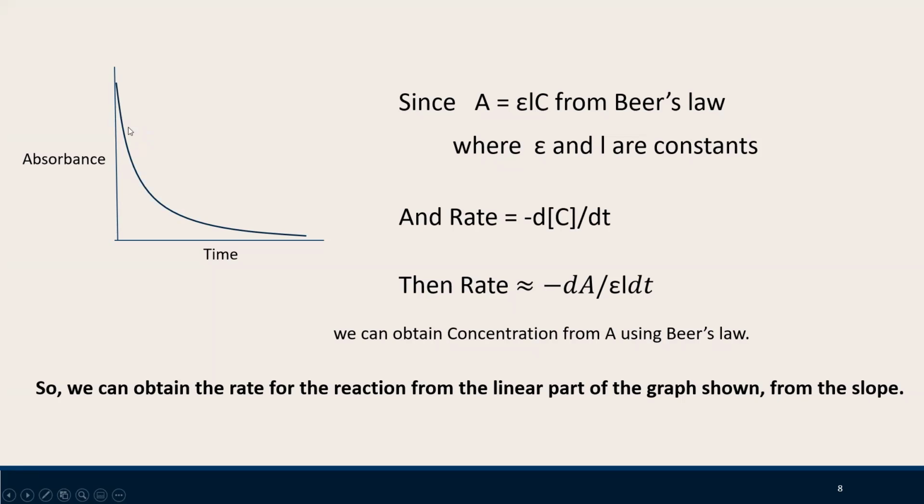How do you decide your data is linear? You want to put the data into a fit and see that the R square should be larger than 0.95. Then you can assume this part is linear. If it's smaller than 0.9, that means this part is no longer linear. You need to narrow your data range to make sure you only use a linear part.